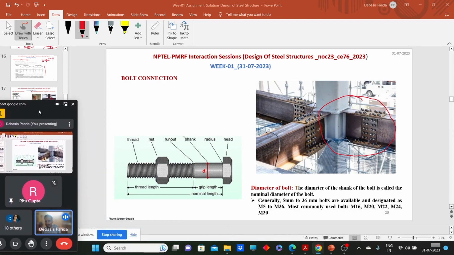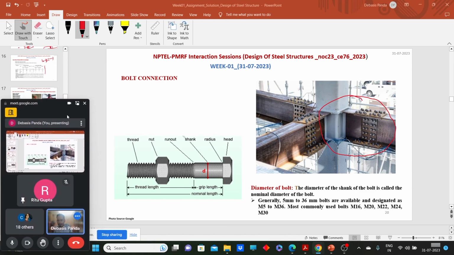Is my screen visible? Can someone confirm? Yeah, okay, thank you. Now let's try to understand what we actually mean by a bolt.